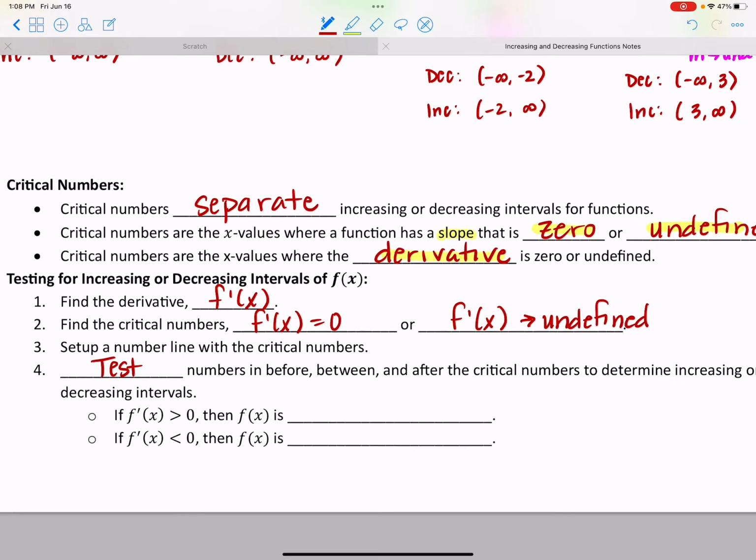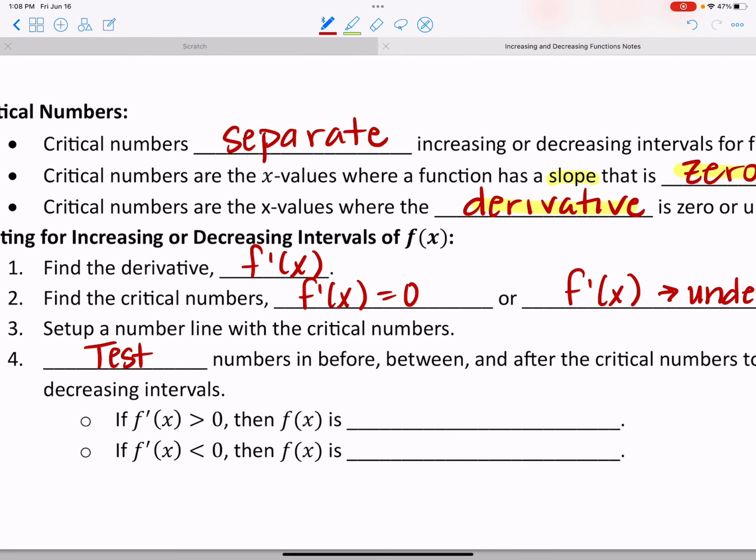So how are we going to know once we test our number if we're increasing? Let's say our critical number, like we had up there, was -2. We test something over here before it, to the left of it, and something over here after it, to the right of it, so maybe we test -3 and maybe we test -1, right?